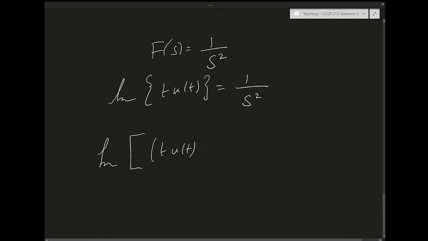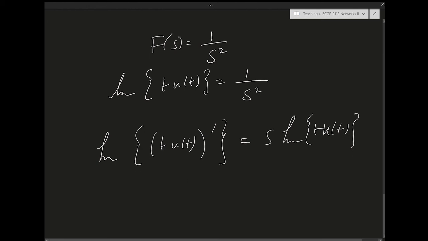I'm just showing you how the notation is versatile. You can use any notation you want. The derivative equals s times the Laplace transform of t u of t. I prefer to use the curly brackets.